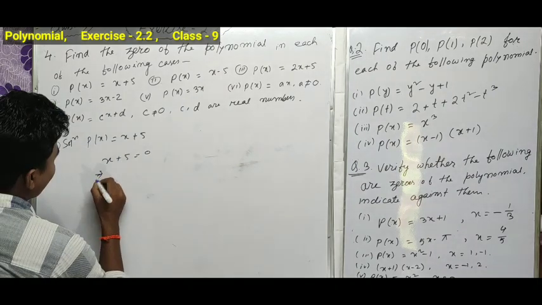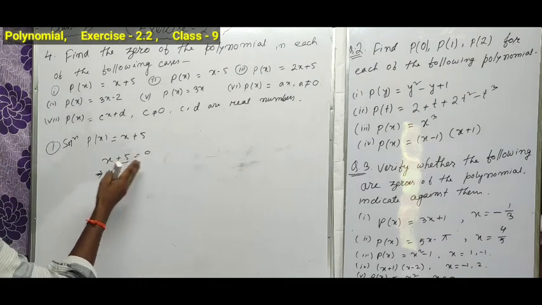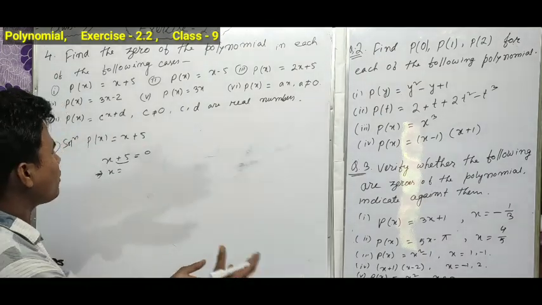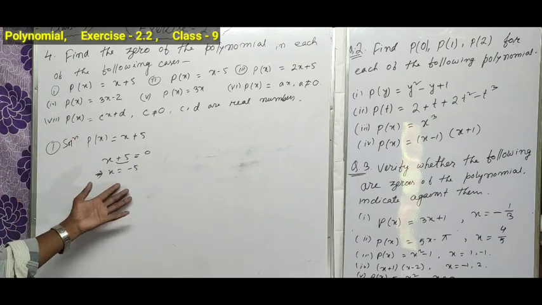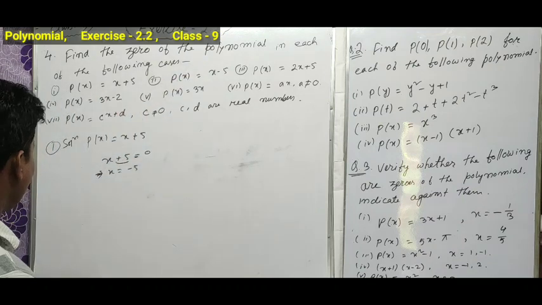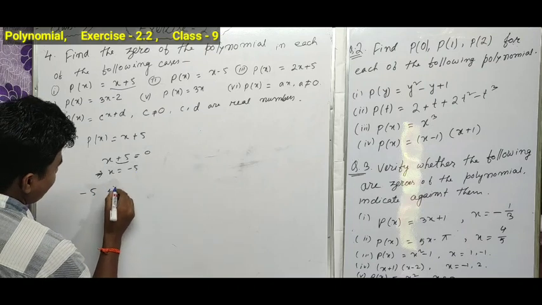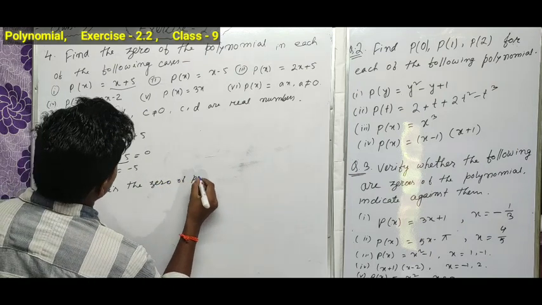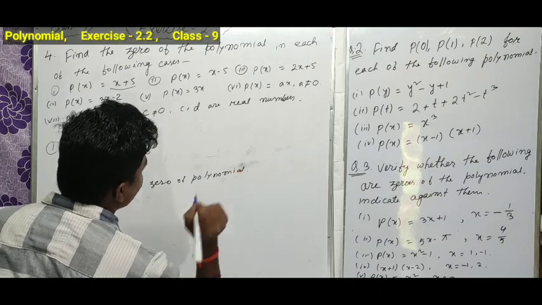Yes. So we can write x equal to, moving it to the right side of the equal sign, minus 5. So this minus 5 is the zero of the polynomial in this case.